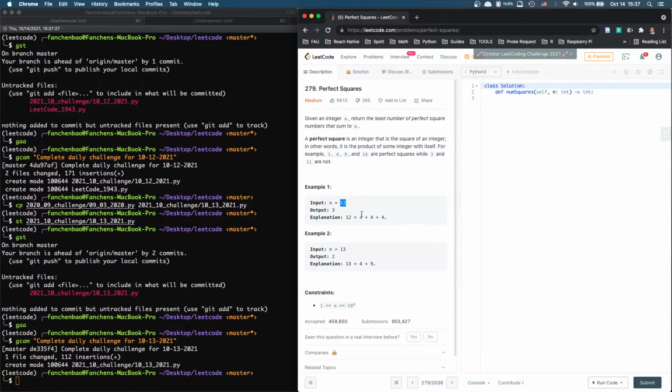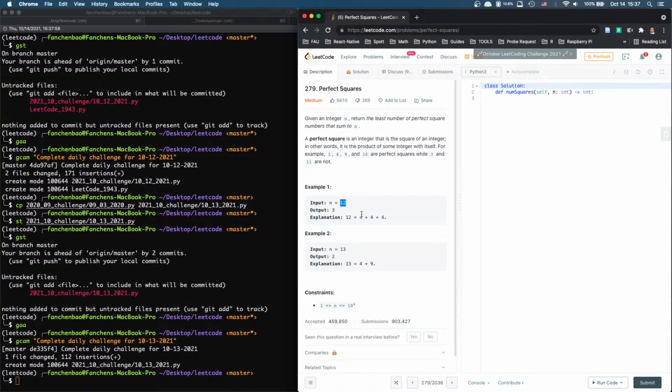We want to know the least number of those we choose that can add up to 12. So we can say, I'll pick 1, right? Then it will be the least number that can reach 11, right? And then we can pick 1 again. But if every time we pick 1, that's always gonna be a lot.